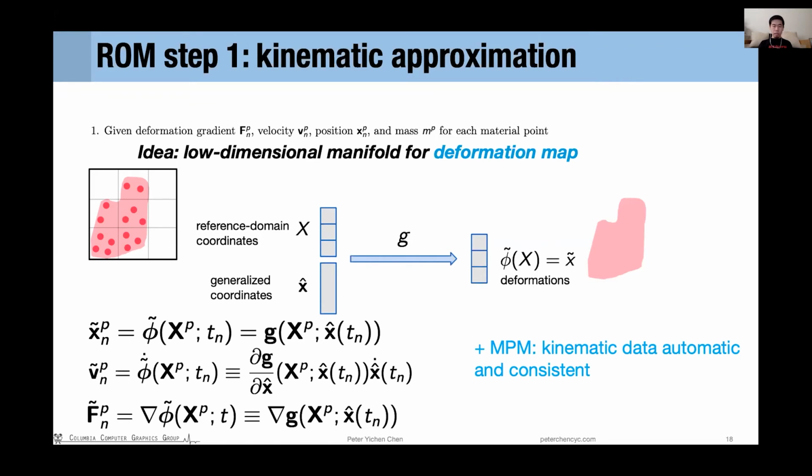Consequently, we can readily obtain the other kinematic information associated with the deformation map, by just taking the derivative of this low-dimensional manifold. For example, you have velocity, and also the deformation gradient. And we can do this, again, for arbitrary material points in your reference domain.